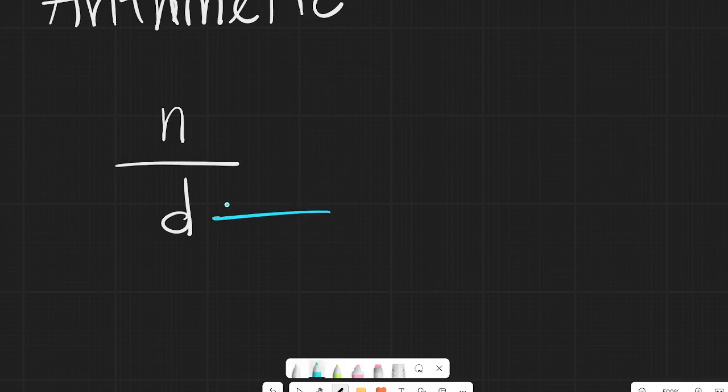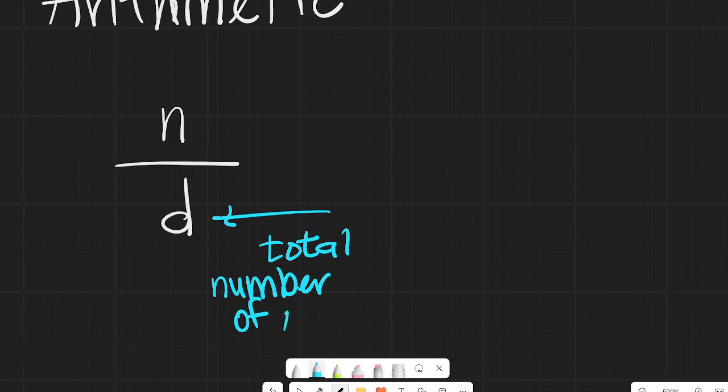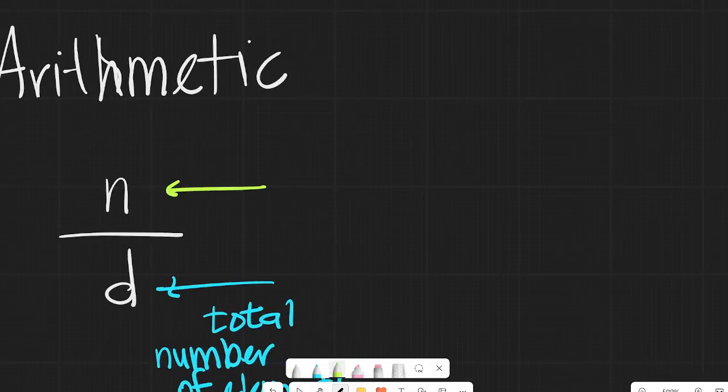The number d in the denominator is going to represent your total number of elements, right? N is going to represent how many of the total do you have. So how many do we have?